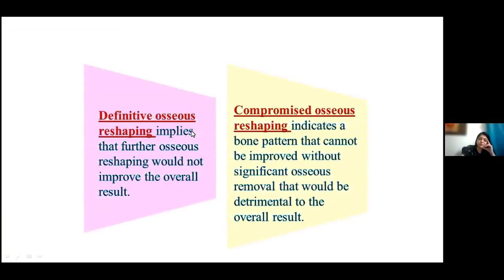Now in subtractive, again, there are two types, definitive and compromised. Okay. Now definitive means that when you do a subtractive surgery or some reshaping, this is a definitive form.